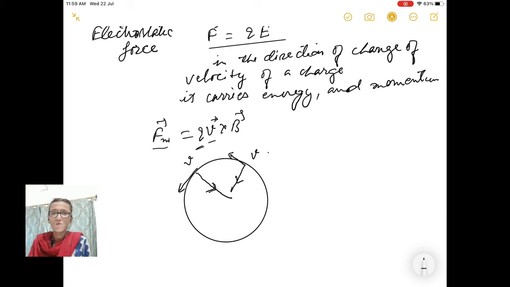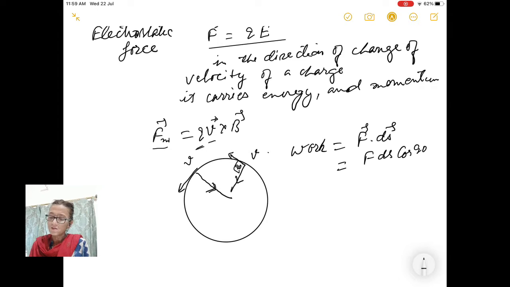Now we also know from our prior knowledge that in such a motion the work done is zero, because work is equal to F · ds, force into displacement, and you can see that force and displacement are at 90 degrees, so it becomes F ds cos 90, which is equal to 0. So in the case of magnetic force, work done is equal to 0.